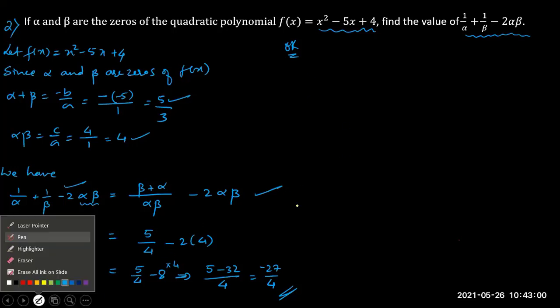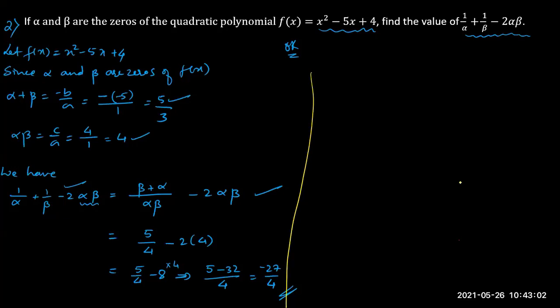Another method is there. Just I will show you here. Another method is the factorization method. The given polynomial I'll write: f of x equal to x square minus 5x plus 4. This I will factorize. After factorization, we'll split the number 4: 4 into 1, minus 4 minus 1. That is 4 ones are 4, 4 plus 1 is 5.